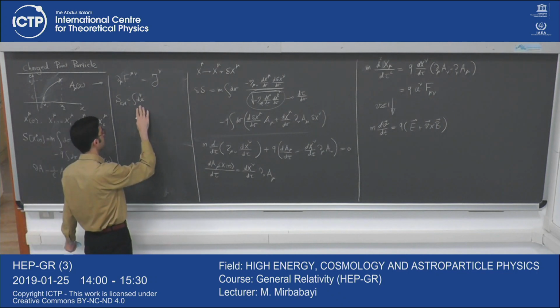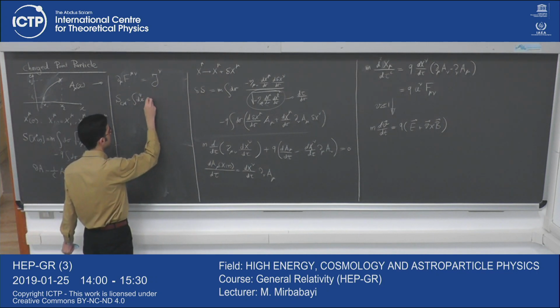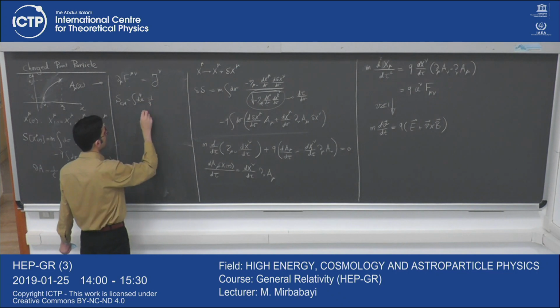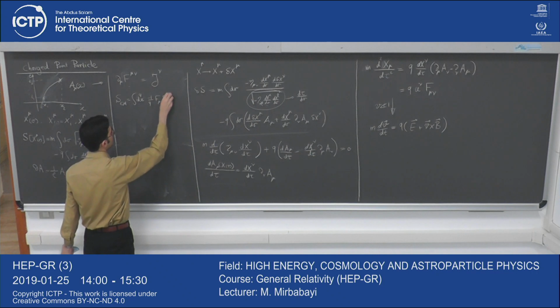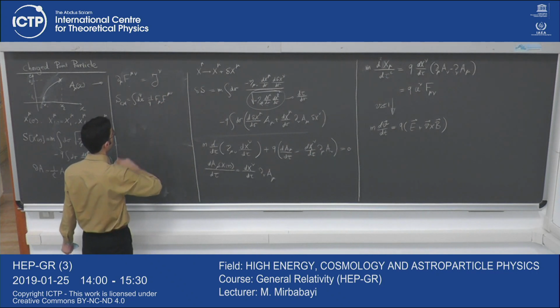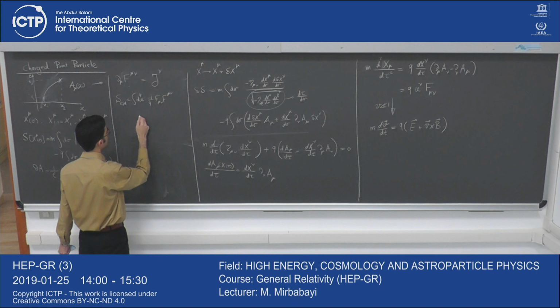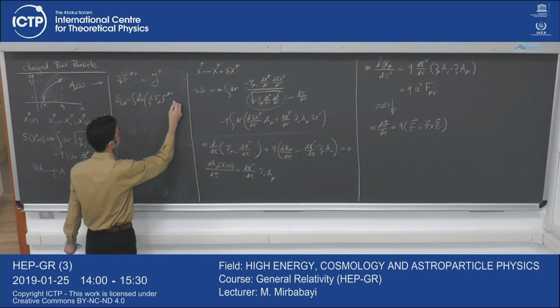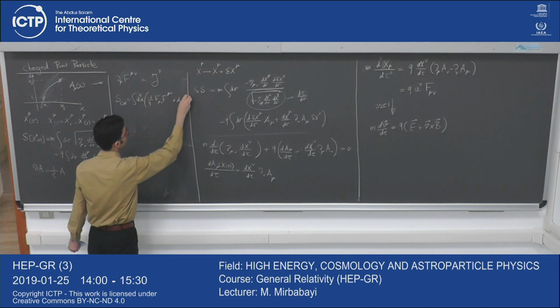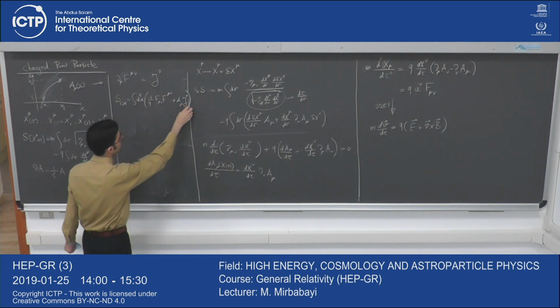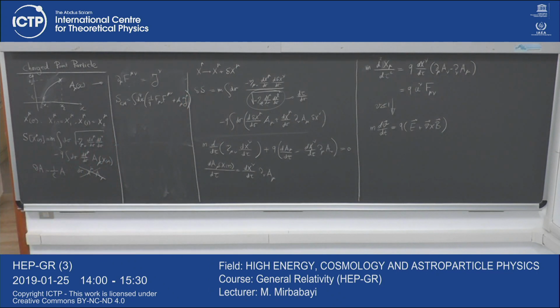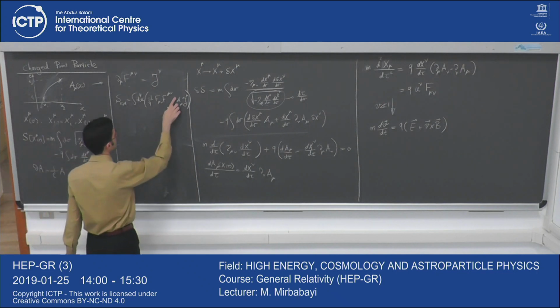So this action will be an integral over the full space-time of minus 1/4 F mu nu F mu nu, plus a coupling of A mu to the sources, and this comes with a negative sign.